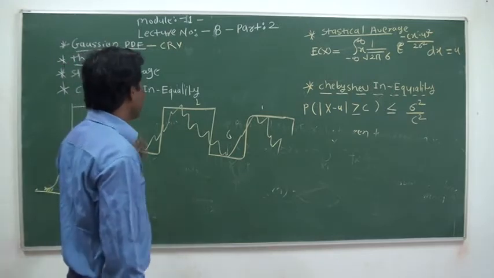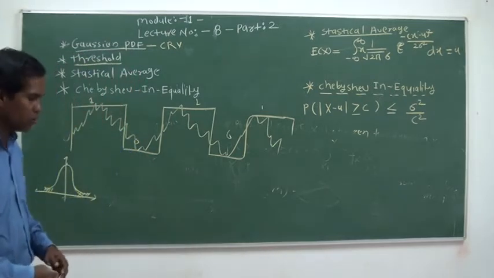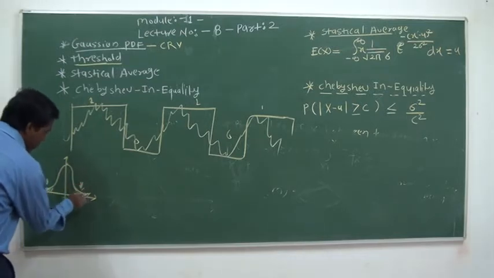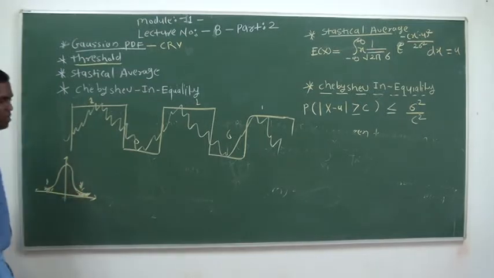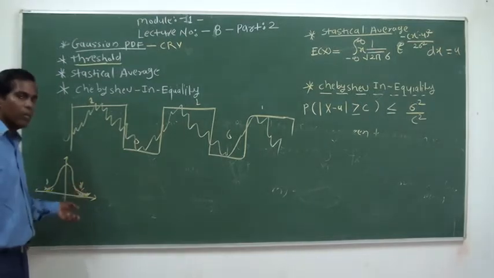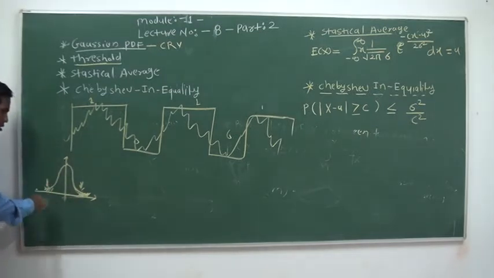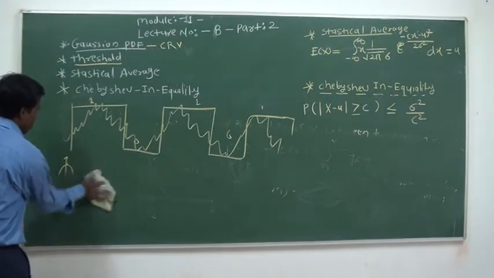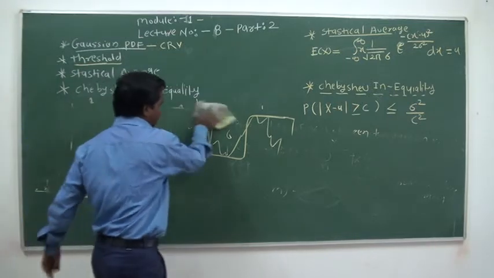For that we use the threshold concept. Here this area remains undefined, so an error will occur. So at that time we use the concept of threshold value or threshold detector.